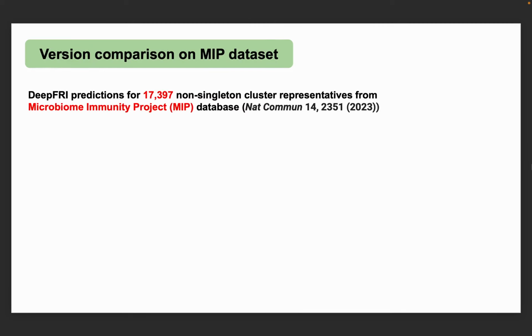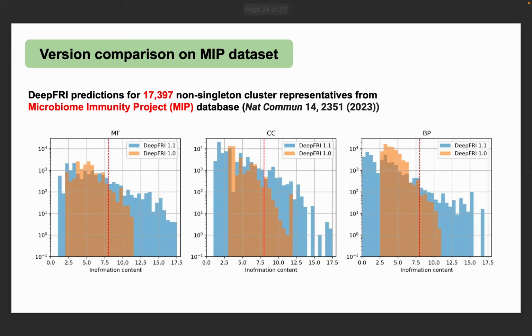So we compared both versions on the MIP dataset, the Microbiome Immunity Project dataset, that comprises relatively short single-domain structure models from the GEBA dataset. And as we can see, V1.1 allows for a higher number of very informative GO terms as compared to the original DeepFRI.